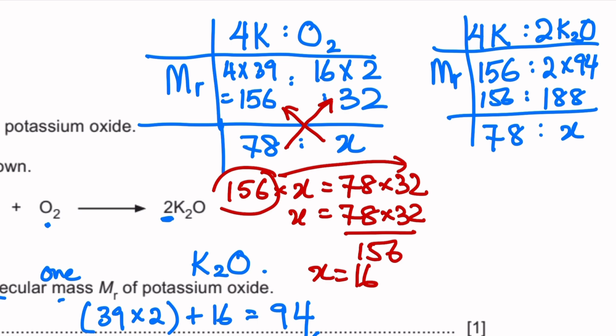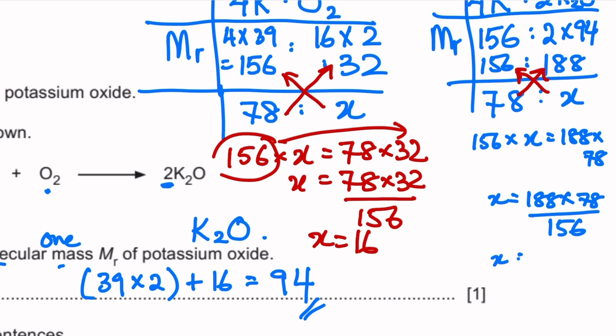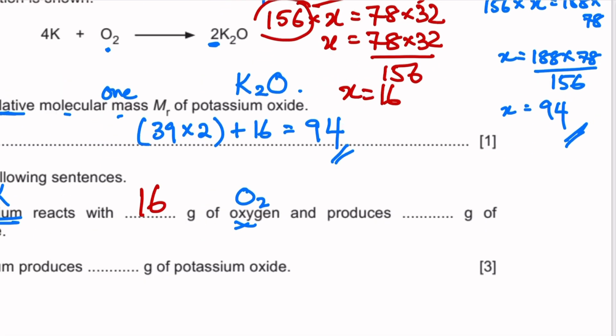So you cross multiply, same thing as well. 156 multiply with x, 188 multiply with 78. x is equal to 188 times 78 divided with 156. Then you should get 94. So 94 is here.